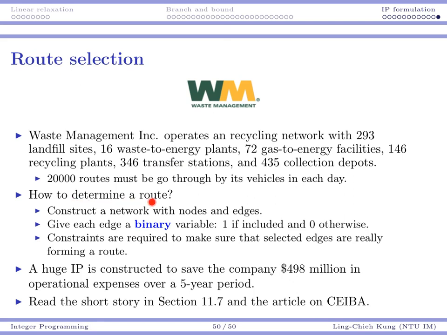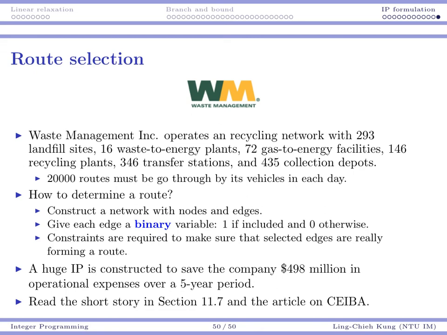How do I determine a route? The way to scientifically do this is to construct a network with nodes and edges. All these stations are nodes, and the edges are those paths connecting them. And then I need to give each edge a binary variable: 1 if it is included in the route, and 0 otherwise.